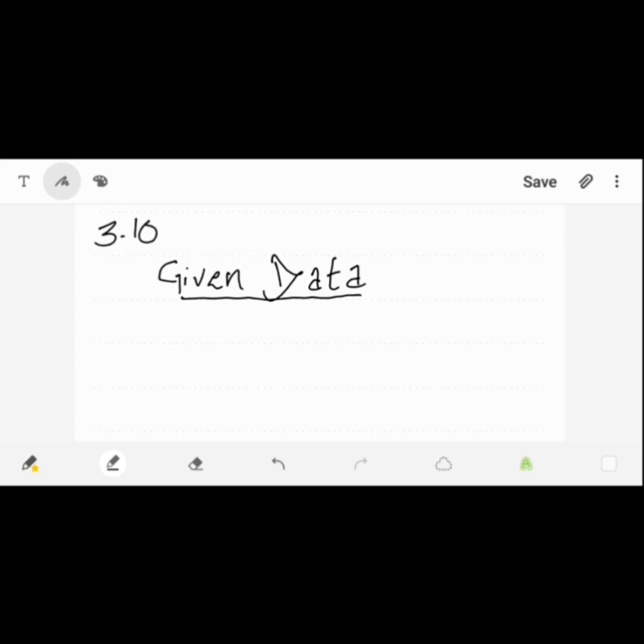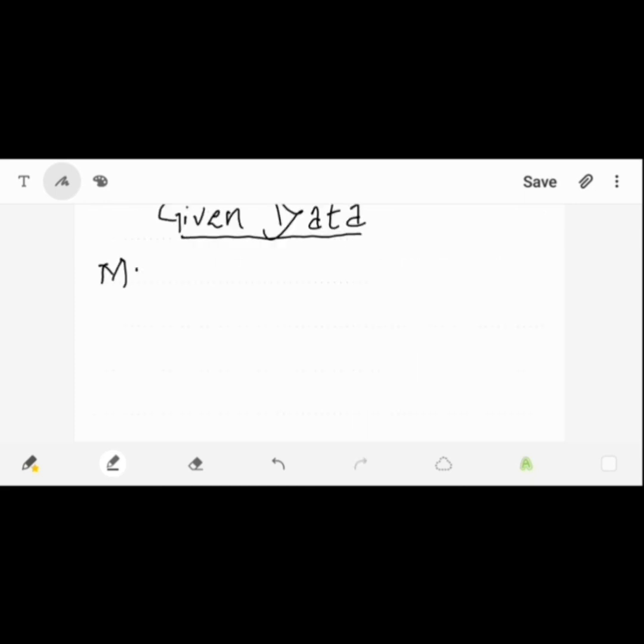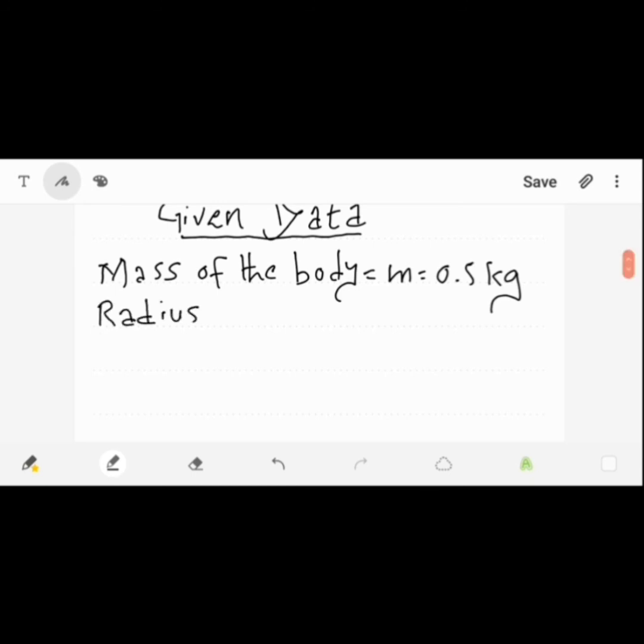Mass of the body, m is the symbol, which is 0.5 kilogram. Next given value is the radius of the circle in which the body is moving. r is the symbol, which is equal to 50 centimeter.